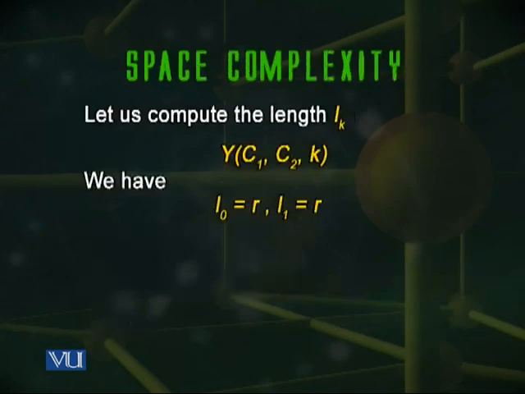Let's compute the length L sub k. The length L sub k of y of c1, c2, k will be given by, once again, a recursion. L0 is r and L1 is r, that's given to us, and L of k is equal to L of k over 2 plus order r.